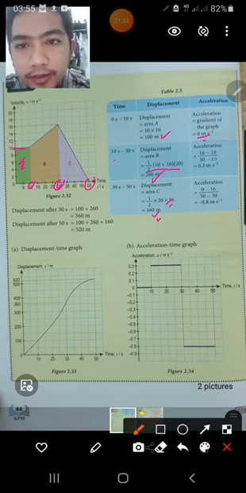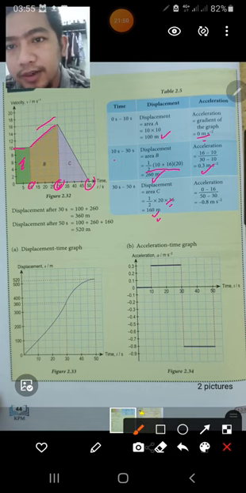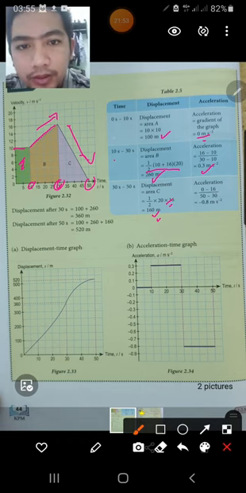Alright, then section B, you can calculate because there is a gradient. So use 16 minus 10, 30 minus 10. So you will get the acceleration is 0.3 meter per second squared. Positive acceleration because it goes up to the right. This one is definitely negative. So 0 minus 16, 50 minus 30.